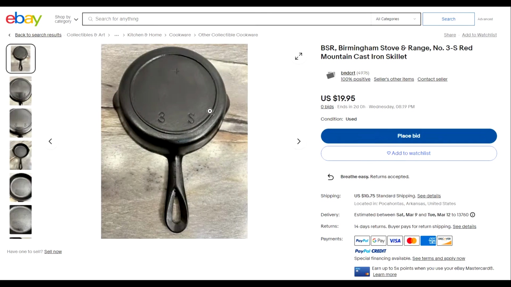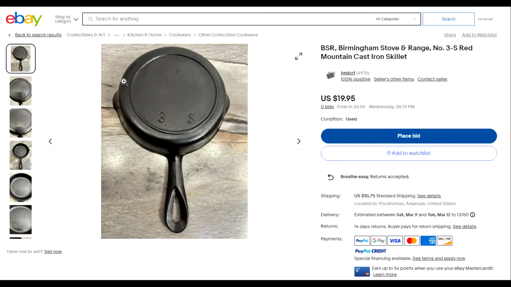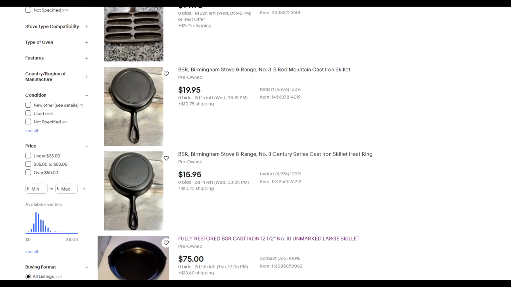As I said, if somebody was really into collecting BS&R, and there are quite a few people these days, this price here, plus the shipping as well, might not be a bad one for a 3S. But that so far is the only thing we've seen that might actually be considered something.